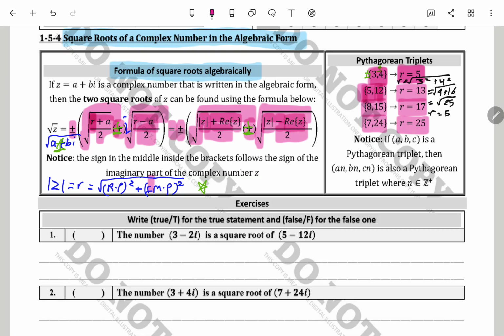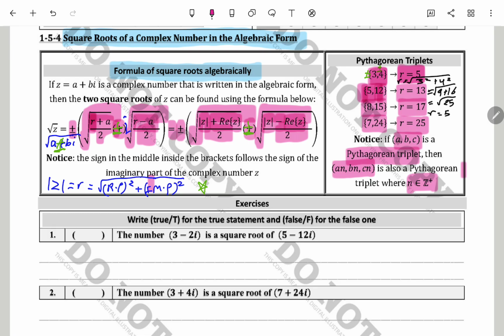A note for you: if a, b and c are Pythagorean triplets, then if you multiply any one of them by any number n, they are also Pythagorean triplets, where n can be any positive integer.